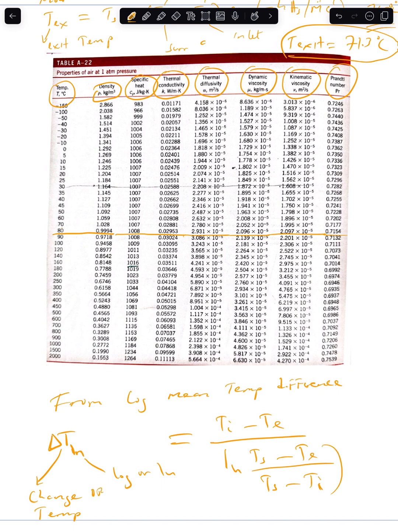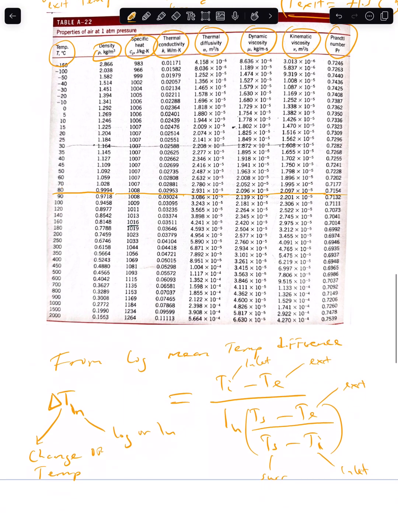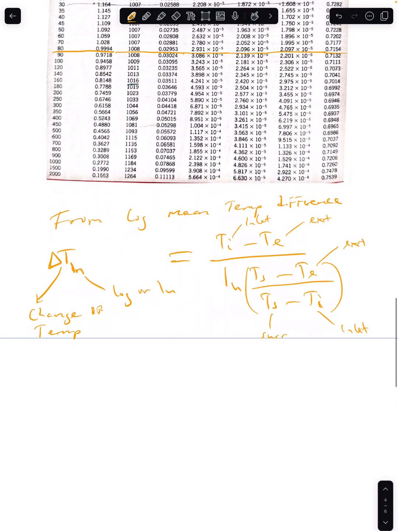So this is the exit temperature, this is the inlet temperature, this is the inlet temperature, this is the surrounding temperature, this is the exit temperature. So make no mistake.